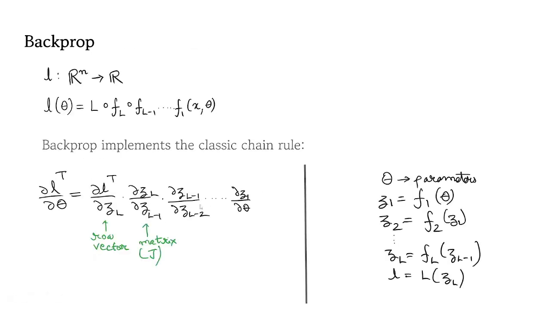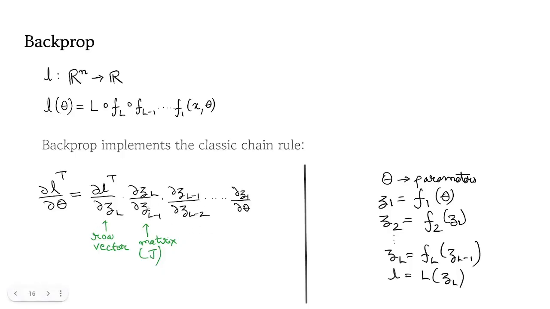If you did the transpose of this thing, you would see that here we have a vector followed by a lot of Jacobian transposes, but it's more common to write the whole thing in the transpose form. And that is what we have here. See, here we have a row vector, and these are the Jacobian matrices.